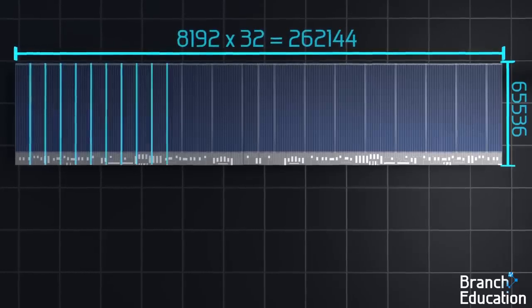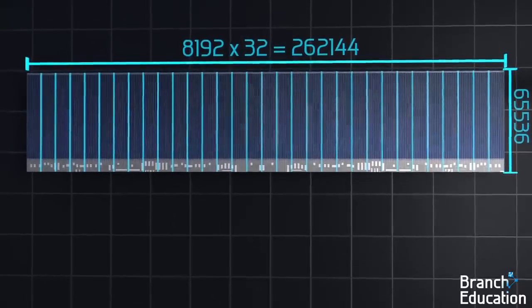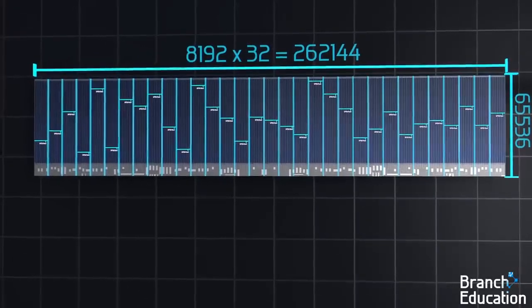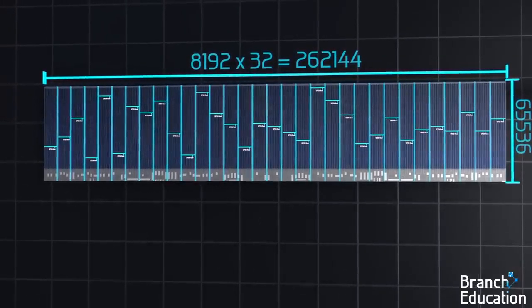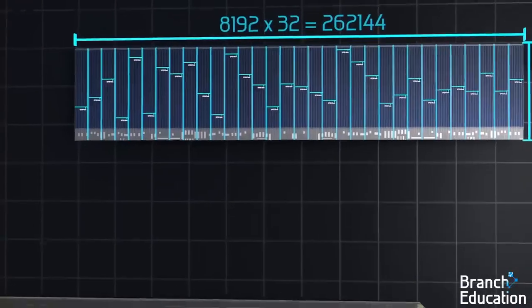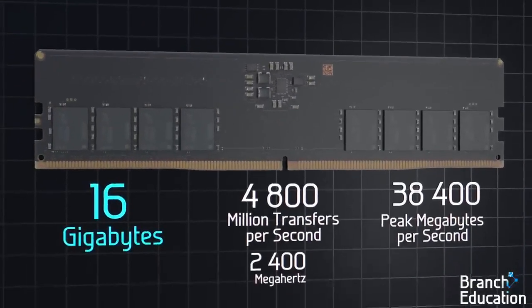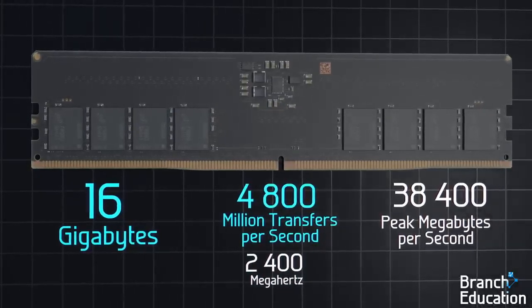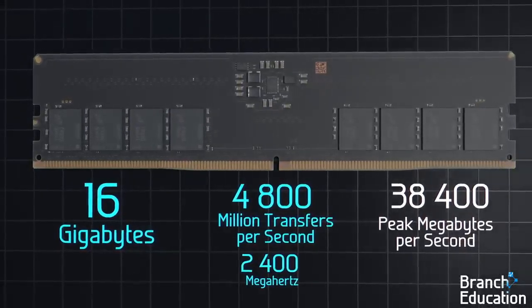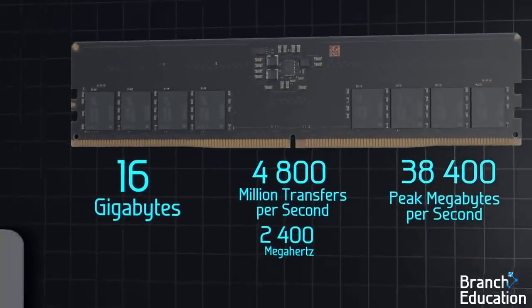And by adding 31 equally spaced divisions between the columns, thus creating banks, we allow for much more flexibility and efficiency in reading, writing, and refreshing. Also, note that on the DRAM packaging are its capacity in gigabytes, the number of millions of data transfers per second, which is 2 times the clock frequency, and the peak data transfer rate in megabytes per second.